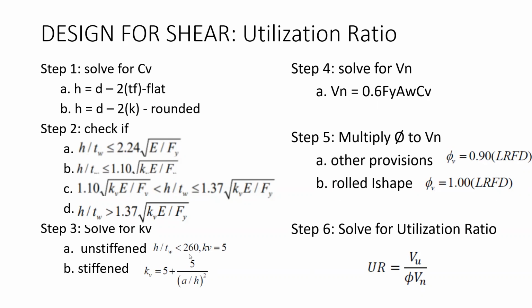And then last, you have your utilization ratio, that is Vu over phi Vn. Usually, our Vu is given, that is your ultimate shear. And phi Vn, yung nasolve natin na Vn dito, times the value of phi, which is either 0.9 or 1.0.